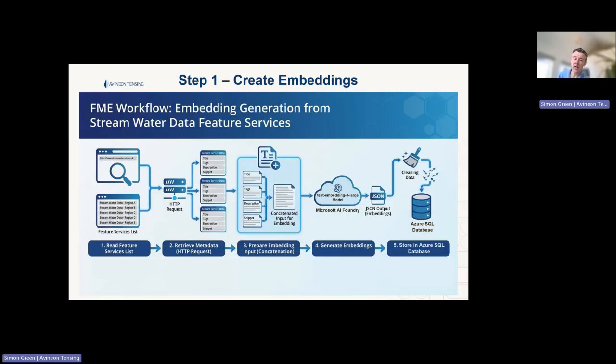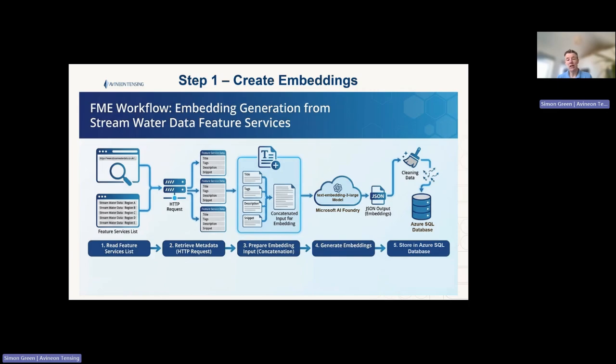Well, we're using the data interop tool to do this, and we're going to scrape and read a list of feature services and retrieve all that good metadata that we created in the previous talk, and we're going to use it as the input into the creation of the embedding.